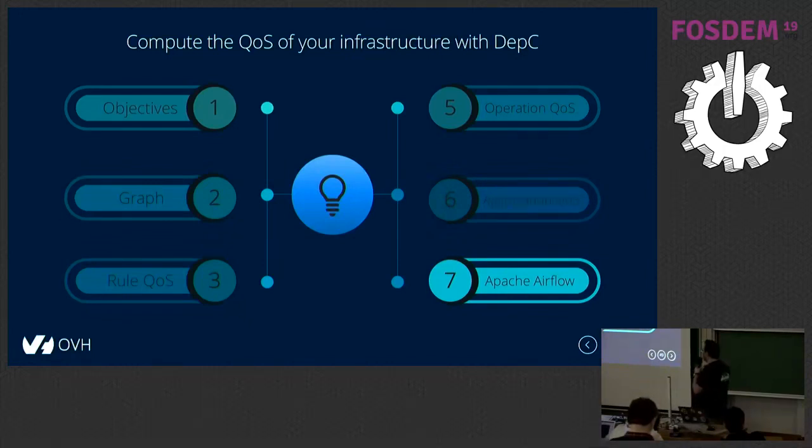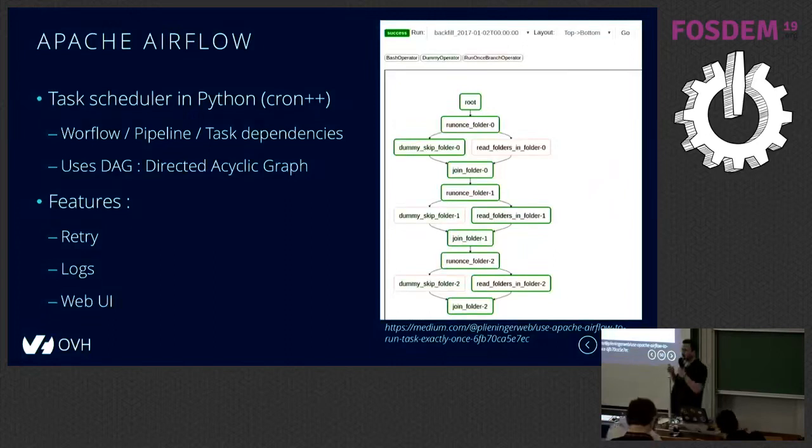And so we use Airflow as the scheduler. Airflow is a task scheduler. It's like a cron++, written in Python and made by Airbnb. It's now in the Apache Foundation. And it's a workflow or pipeline, if you prefer. It manages some dependencies.